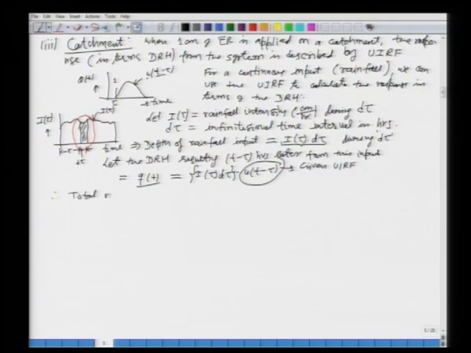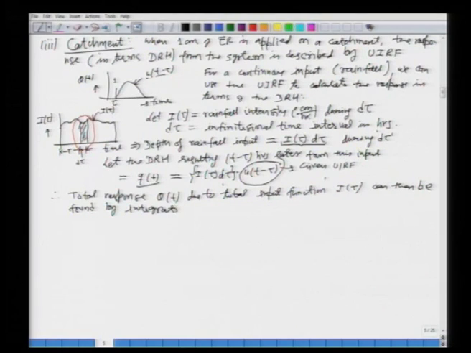That the total response, let us call that Q t, due to the total input or the complete input for the whole domain, total input function I tau, all right, can then be found by integrating the response small q t.